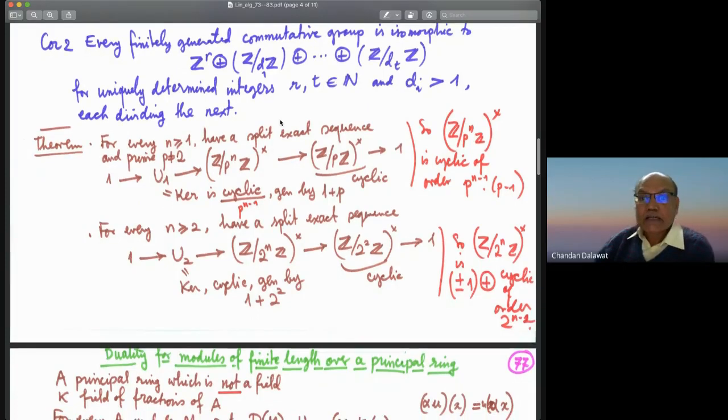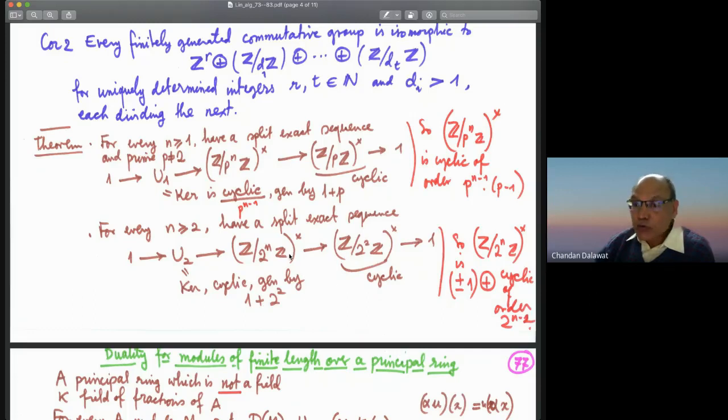Okay, so examples of such groups are furnished by, for example, Z modulo P to the N Z star. And for this, you can show that it's actually cyclic of this order. Similarly, this is true only if the prime P is odd.